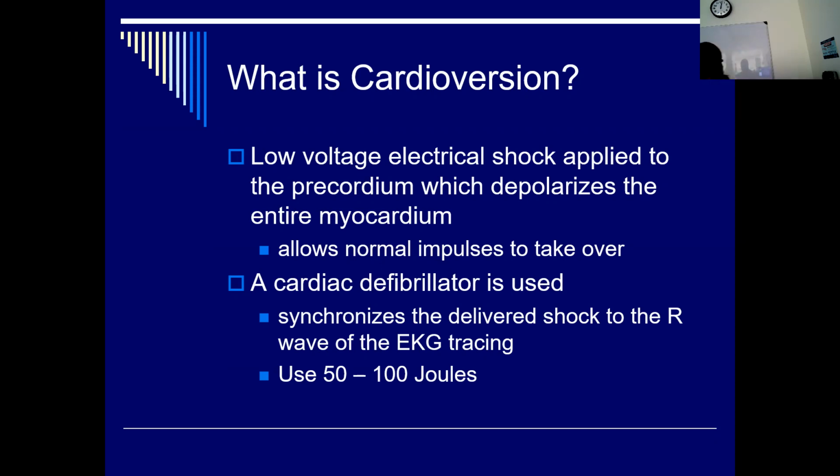So during a cardioversion, having a shock to the heart is really painful. And if the patient is awake and alert and the shock is given without them having sedation, they scream bloody murder. So it's really painful. So of course, if a cardioversion is being planned, you need to sedate the patient first.